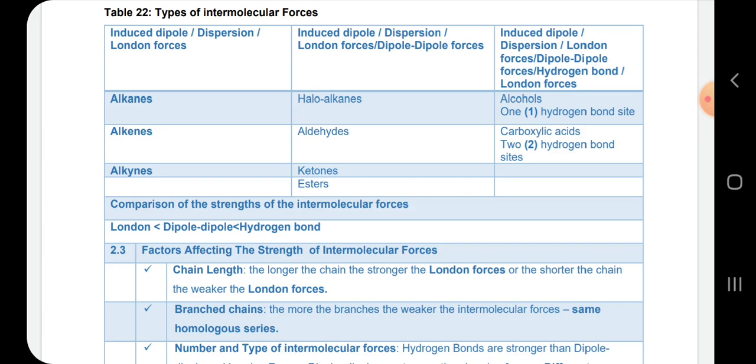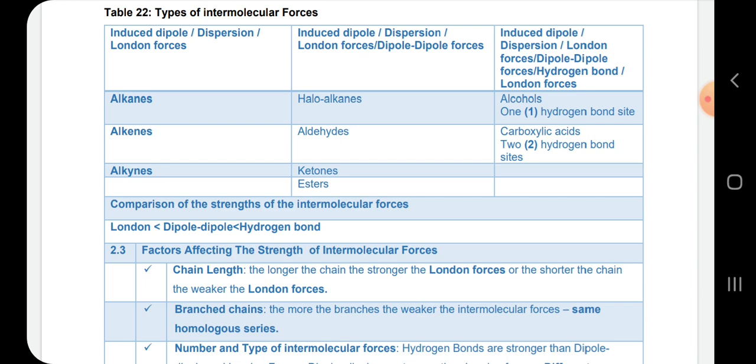You can either have induced dipole, dispersion, or London forces. Those are the intermolecular forces that you can get with these three. And then with haloalkanes, aldehydes, ketones, and esters, the forces that you can get are induced dipole, dispersion, London forces, and dipole forces.